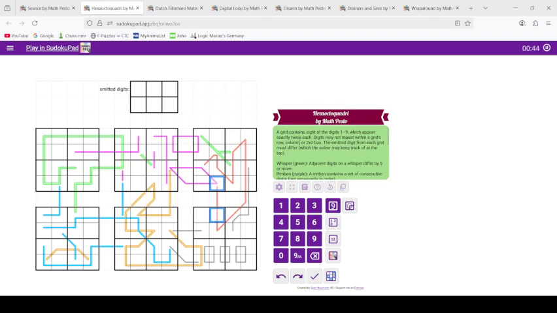A grid contains 8 of the digits 1 through 9, which appear exactly twice each. Oh, okay, so a grid here, for example, will contain 8 of the digits, and they only appear twice in that grid.